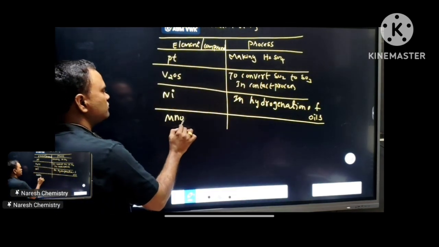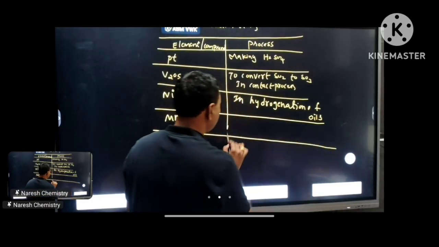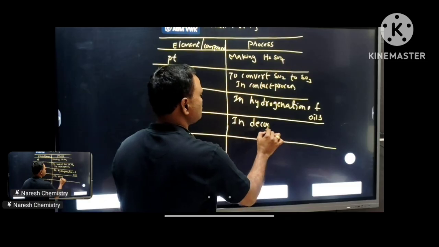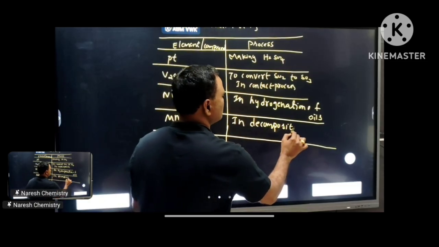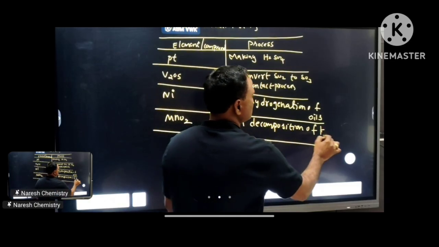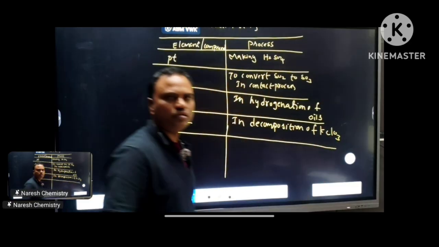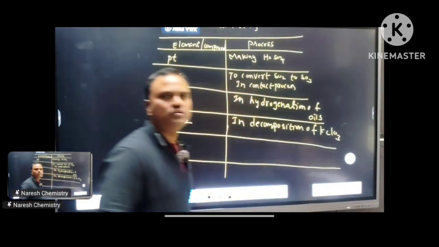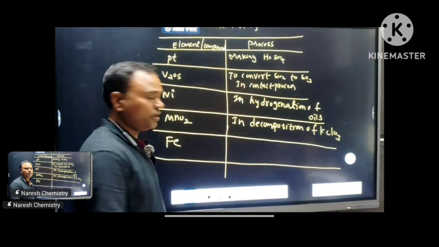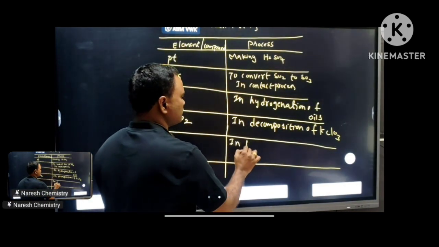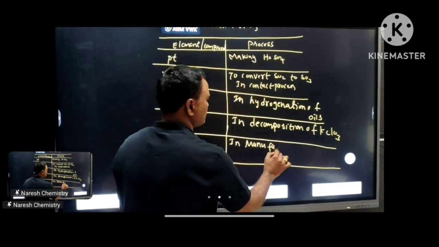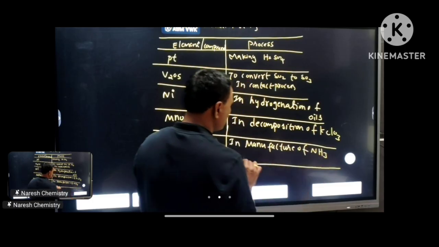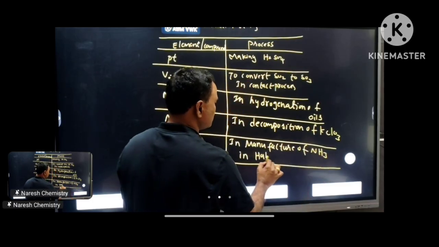MnO2 is used in the decomposition of KClO3, potassium chlorate. Iron is used in the manufacture of ammonia in Haber's process.